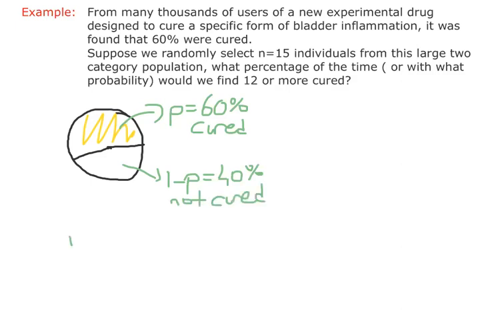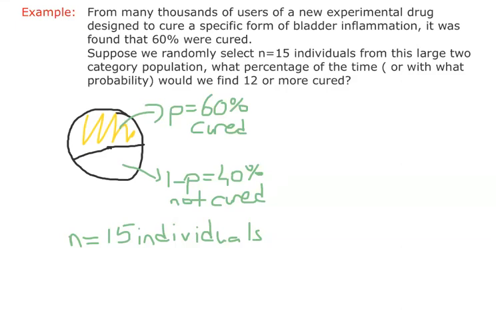And we are given that n is equal to 15 individuals. And we have a large population. A large population is defined as any population at least 20 times the size of the sample. So what are we going to do with this question?